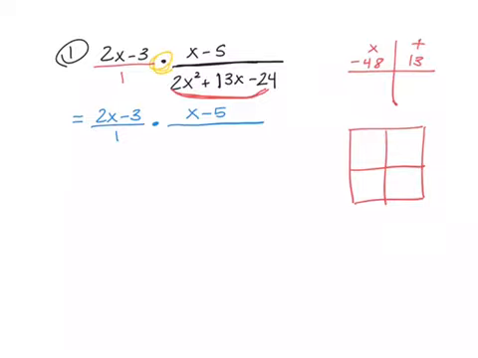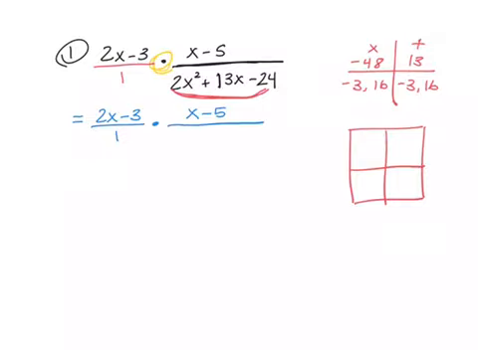If you check some numbers out on your calculator, hopefully you find negative 3 and positive 16. So negative 3 times 16 gives you negative 48. Negative 3 plus 16 will give you positive 13.